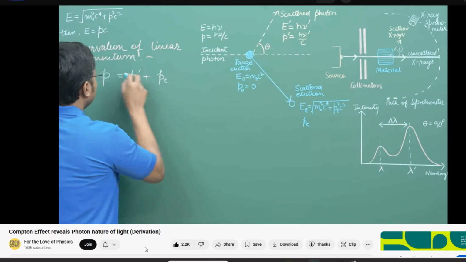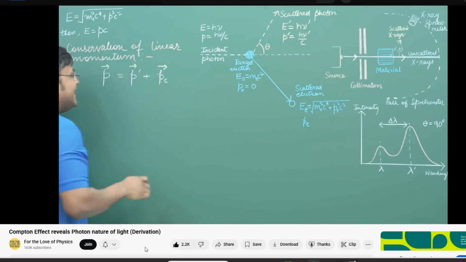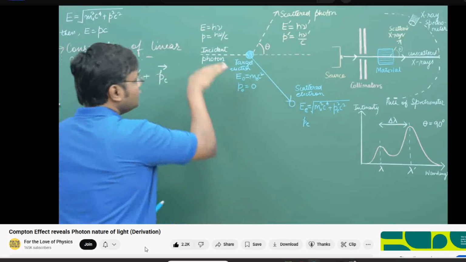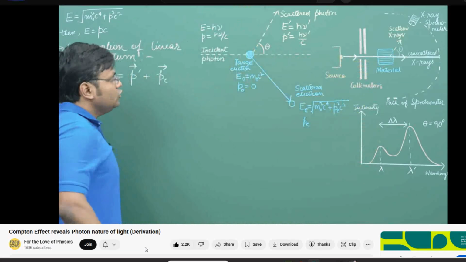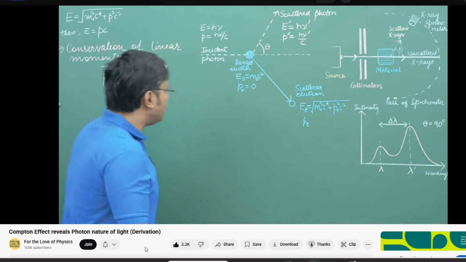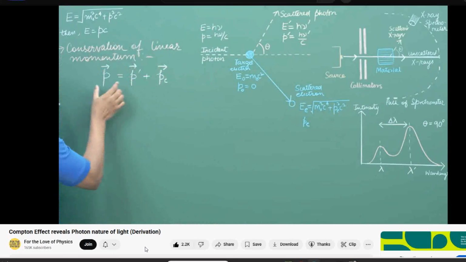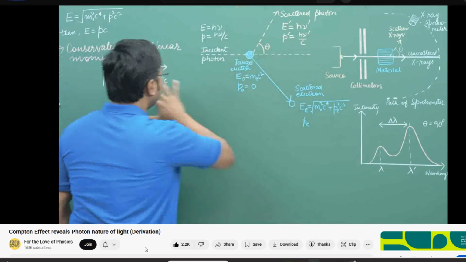Let me make it a vectorial expression. You see, momentum is conserved independently in two perpendicular directions. So along the x-axis, momentum is conserved. Along the y-axis, momentum is conserved. To make the calculations simpler, I have written the expression in vector notation. That means the overall momentum, so the vector quantity containing the x-axis component and the y-axis component, is conserved.